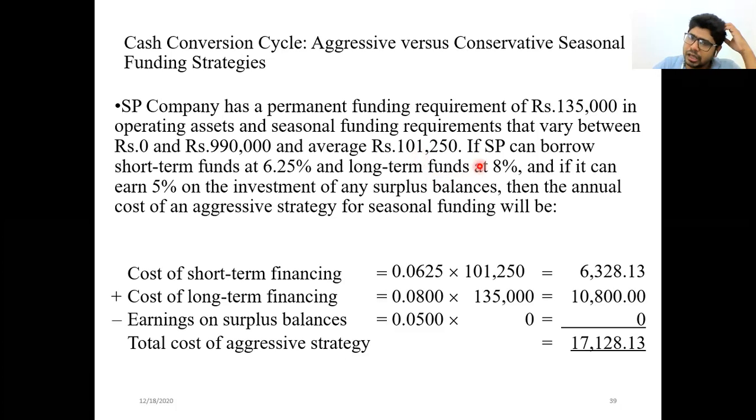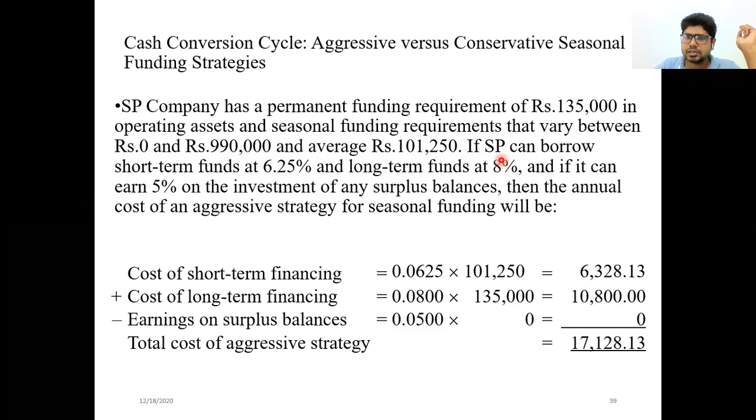Please note it down: permanent requirement 135, seasonal funding requirement 990, and the average 101. So take a piece of paper and take note of this.